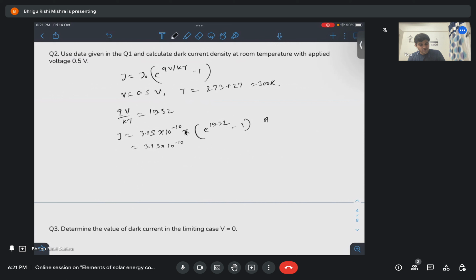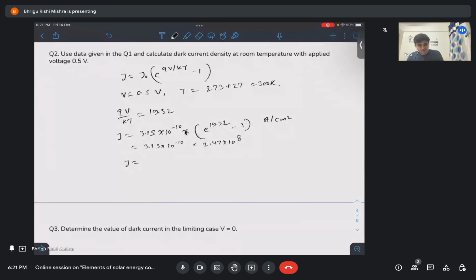And the unit is ampere per centimeter square since it is current density. So now this e to the power 19.32 minus 1 is approximately 2.47 into 10 to the power 8.